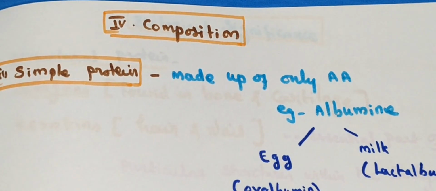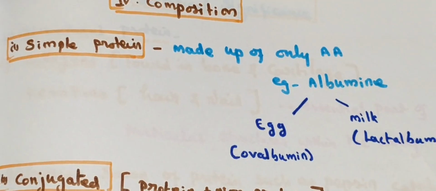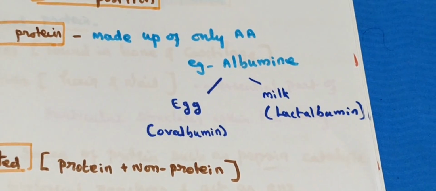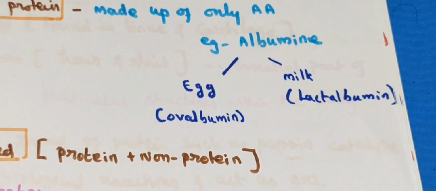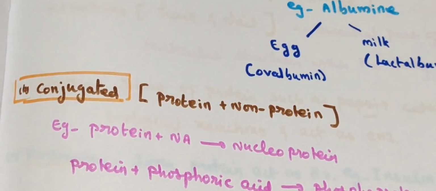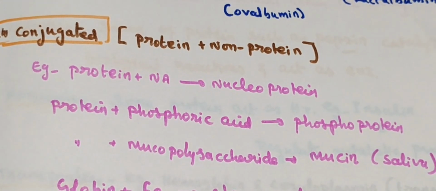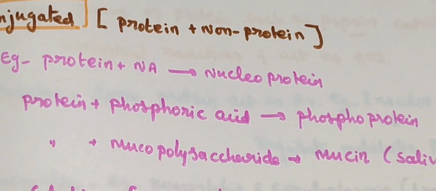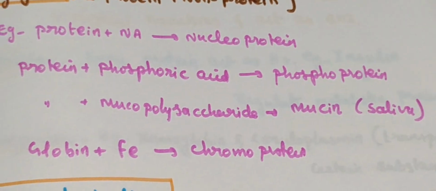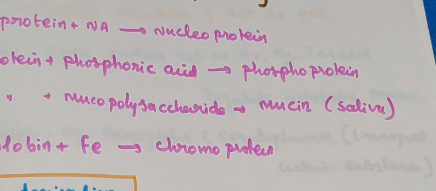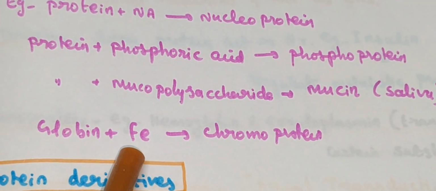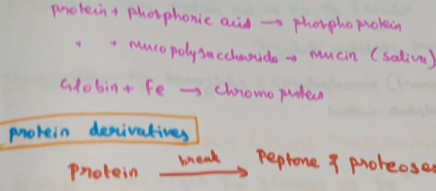Fourth classification is based on their composition. Simple protein is made up of only amino acids, for example albumin. Albumin is present in egg as ovalbumin, and in milk as lactalbumin. Then conjugated protein is protein plus a non-protein part: protein plus nucleic acid, nucleoprotein; protein plus phosphoric acid, phosphoprotein; protein plus mucopolysaccharide, mucin; protein plus iron, chromoprotein.